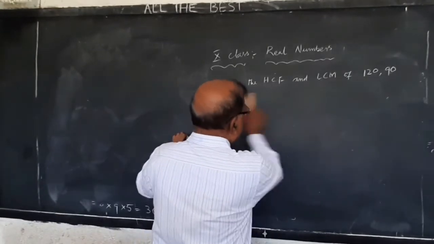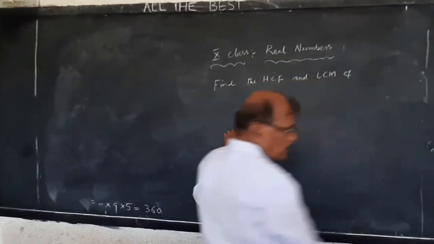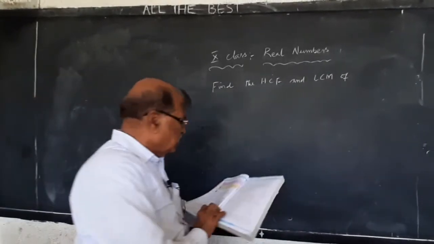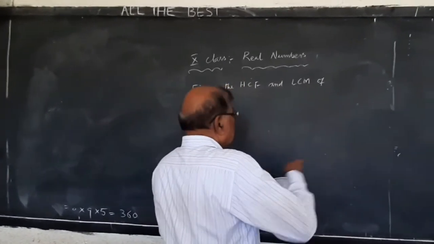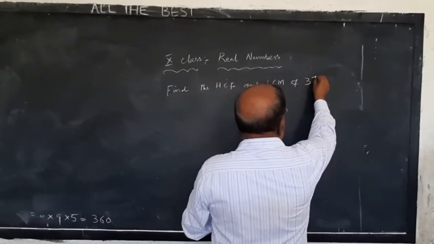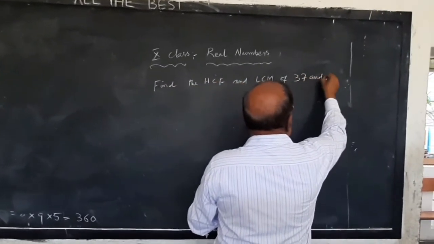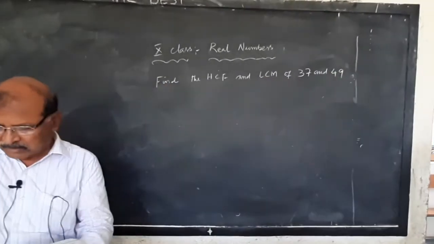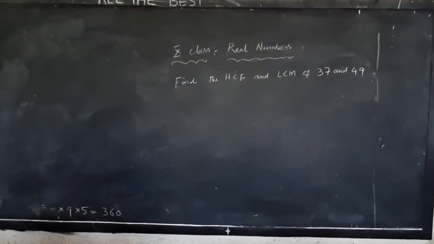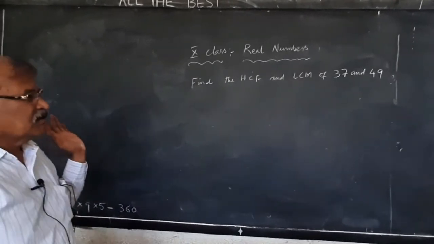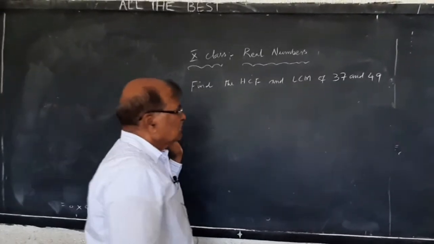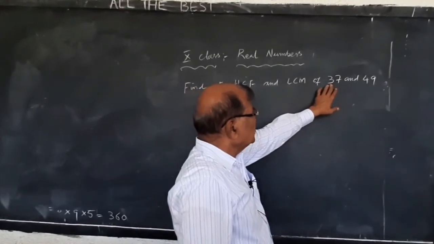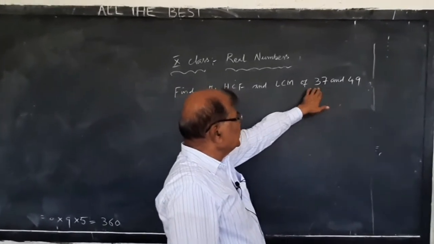There is one more problem in the same exercise. Let us see this: 37 and 49. What are the factors of 37? I think it is a prime number. Let us see.